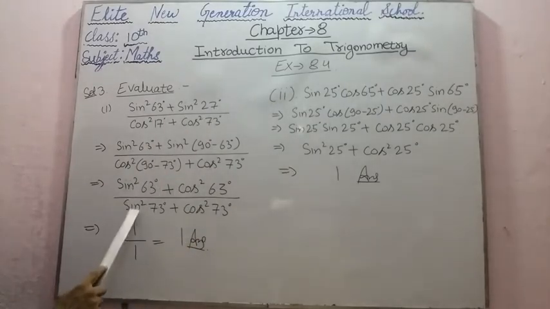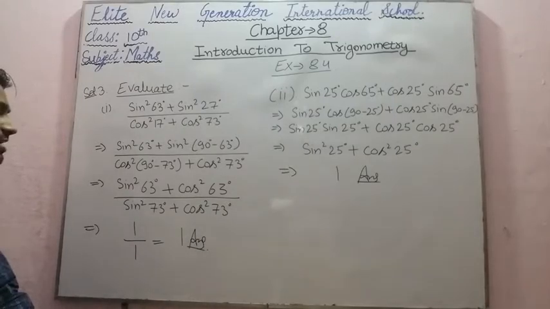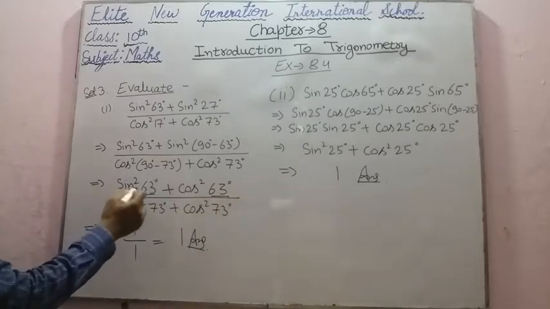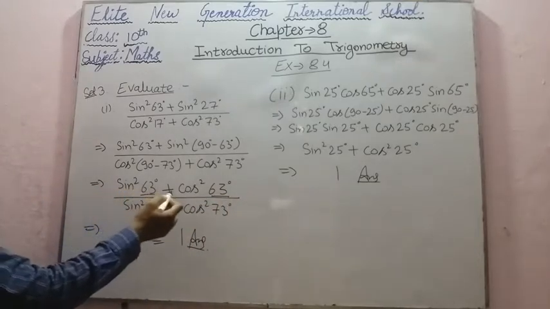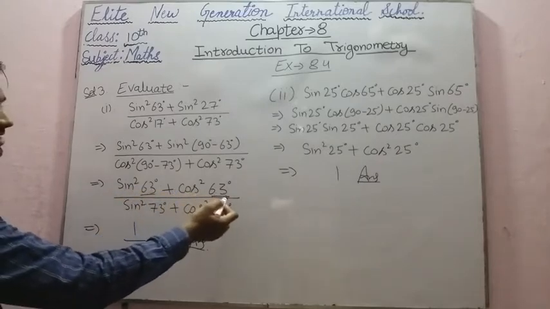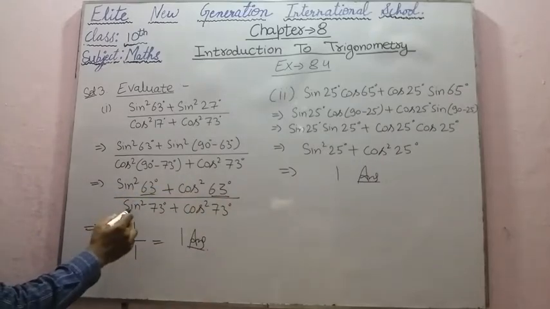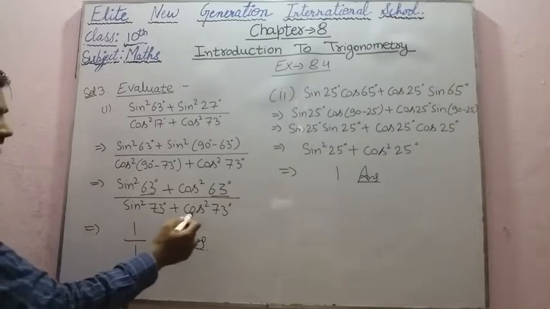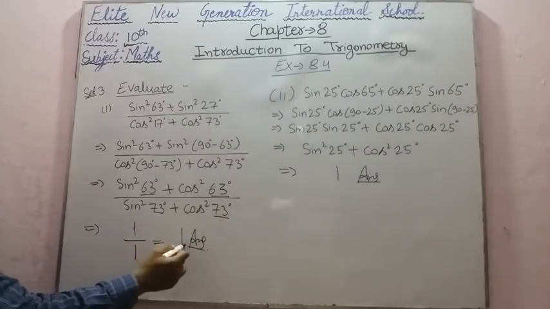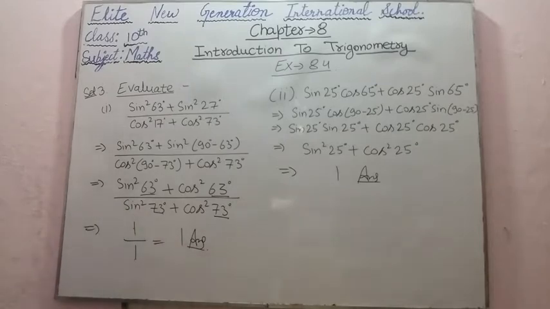Similarly here also sin square A plus cos square A is 1. When these angles are equal, we can use the identity sin square A plus cos square A equals 1. So sin square 63 plus cos square 63 equals 1. Similarly sin square 73 and cos square 73 also equal 1. So 1 upon 1 will be 1. So here the answer will be 1.